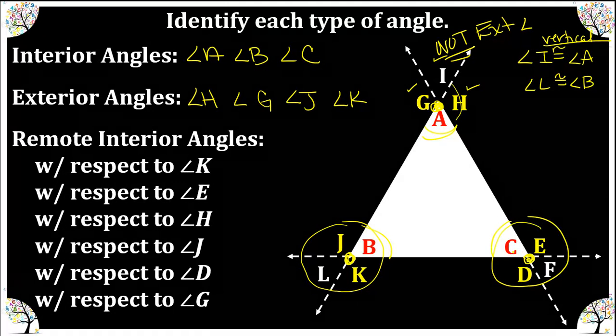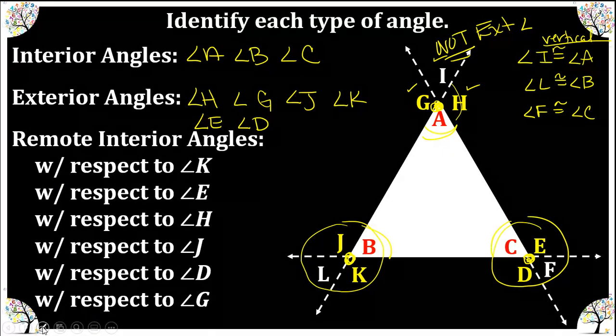We know C is interior, we can see E and D are considered exterior. F is congruent to angle C because they are vertical.